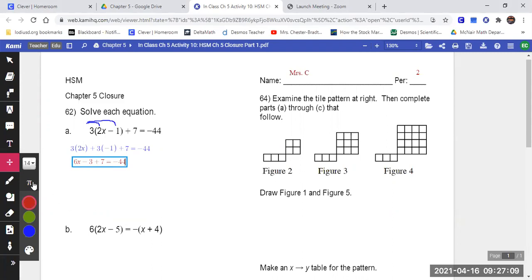All right. Are we ready to do our balance beam, or do we still have some cleanup to do? Are both sides as simple as they can get?